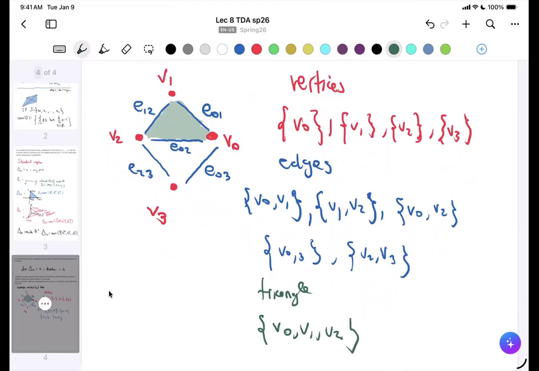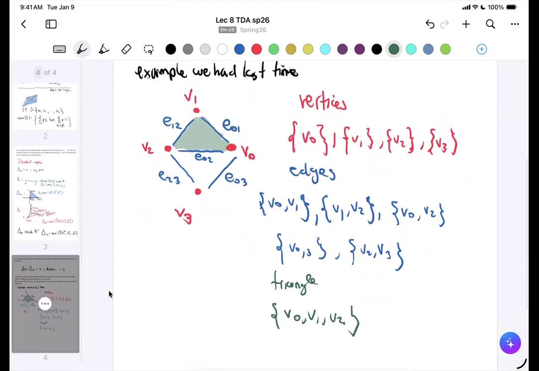Here I'm just telling you how you represent each of the objects as a list. I still haven't told you why this counts as a simplicial complex, right? I'm just saying this is the translation that you would do for referring to these things. Okay, so that makes sense.